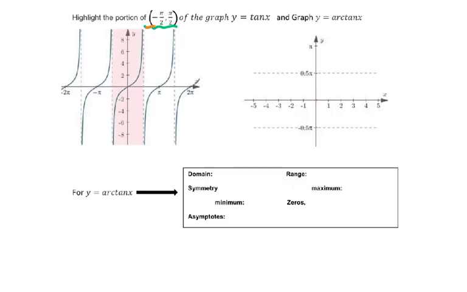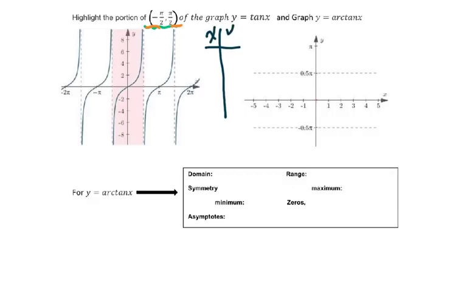Remember this open parenthesis because for tangent of x, x cannot be negative pi over 2 and pi over 2 because that's undefined. Now we will set up that table so that we can switch x and y value.